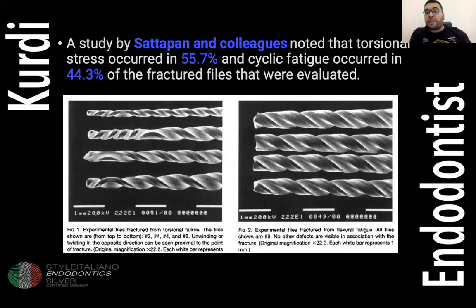But in contrast, in the other picture on the left, you can see that the flutes are open and irregular, and even the fracture site is not smooth, not regular as in the picture on the right. So most probably, in figure number 1, the files were broken due to torsional stress because the flutes were open, and in figure number 2, because the flutes are a little bit regular and not open, it may more probably be broken due to cyclic fatigue.